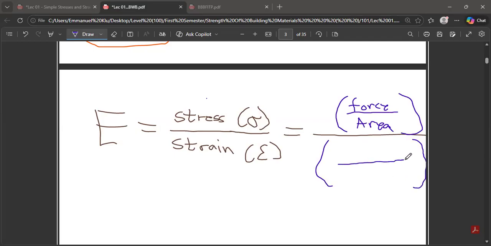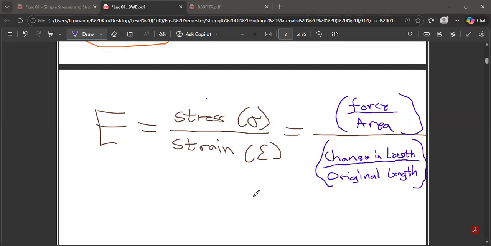You can choose to express this too in terms of symbols. So let's say change in length. So this is change in length over the original length.